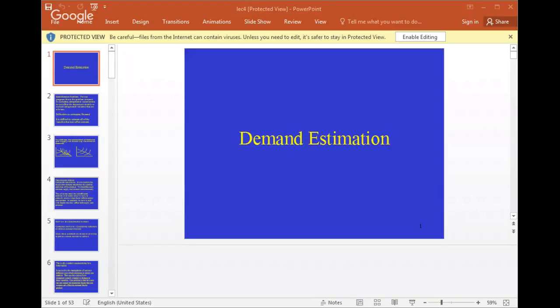The t-statistic for the intercept is approximately 3.9, but it's negative, negative 3.9.